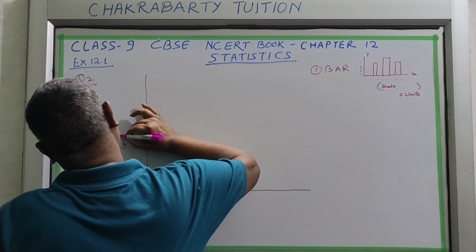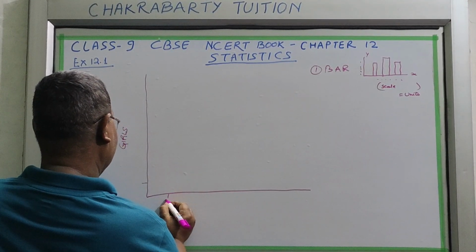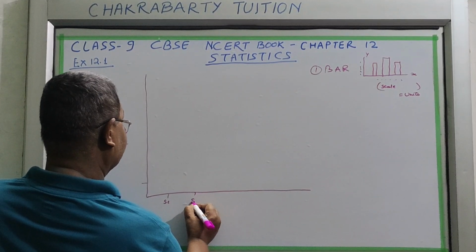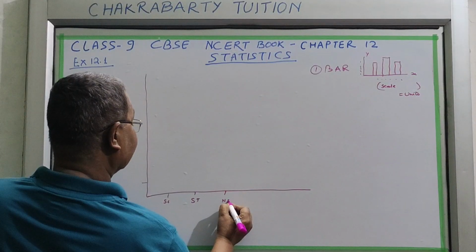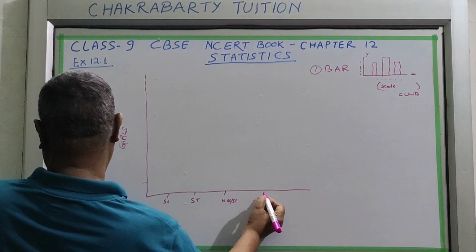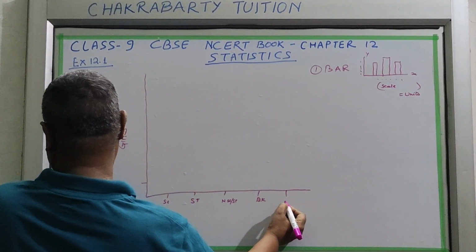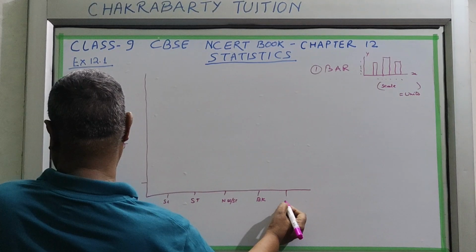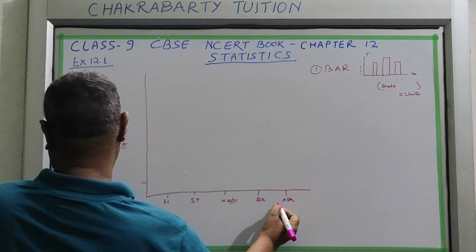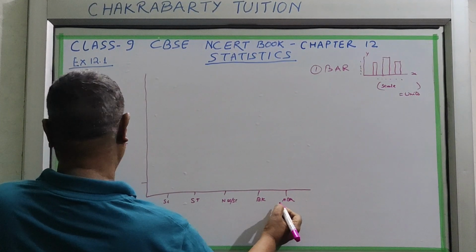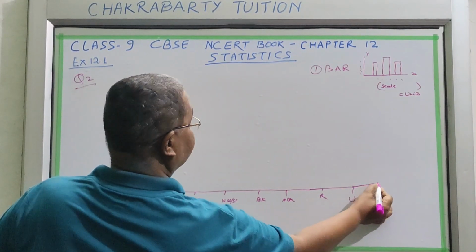Girls number we will keep here, and the sections of the society we will put here, like SC, ST, non-SC and ST. Then backward districts, non-backward districts, rural and urban. Okay, this type of unit.